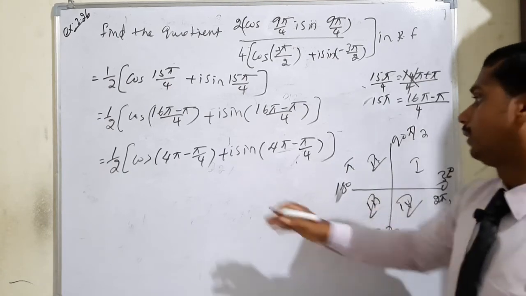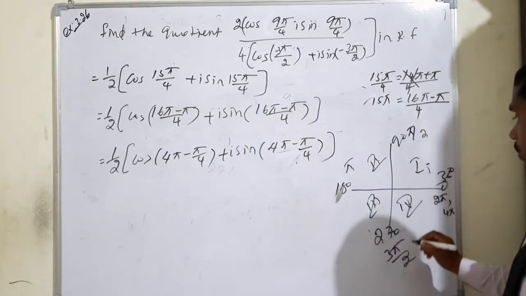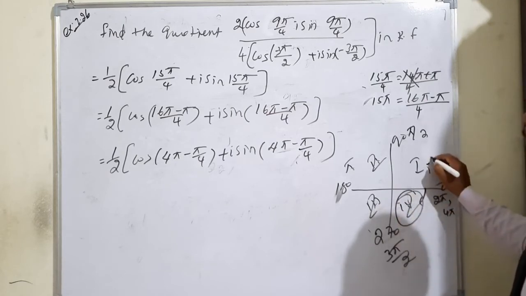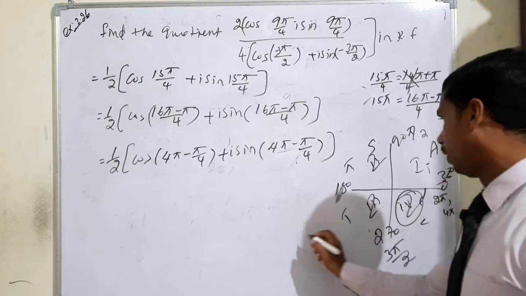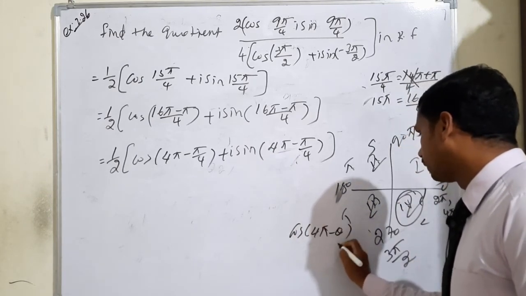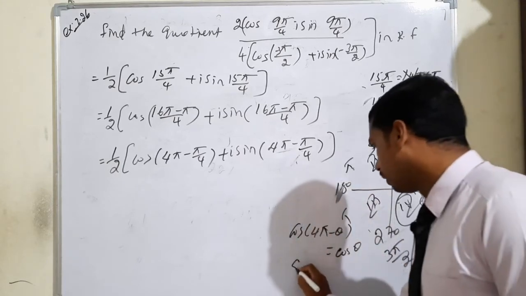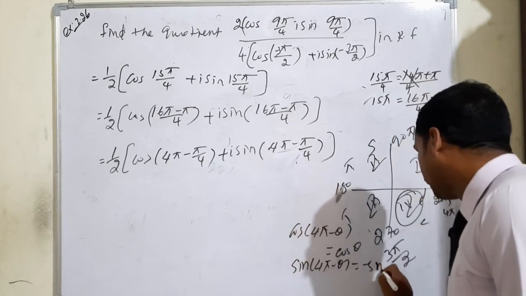So now the condition: 4 pi plus means we can say it lies on the first two, but this is going down, so it lies in the fourth quadrant, where only cos is positive, all silver tea cup. Therefore cos of 4 pi minus theta is equal to cos theta, because cos is positive, but sin of 4 pi minus theta is equal to minus sin theta.